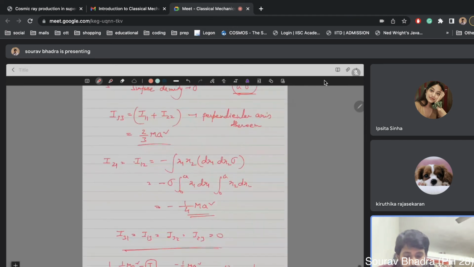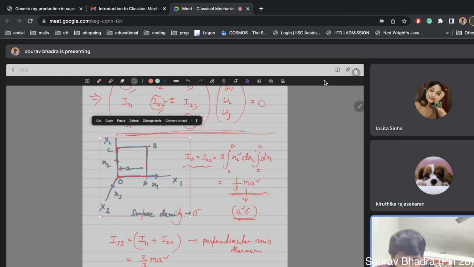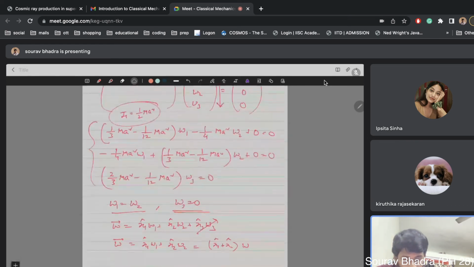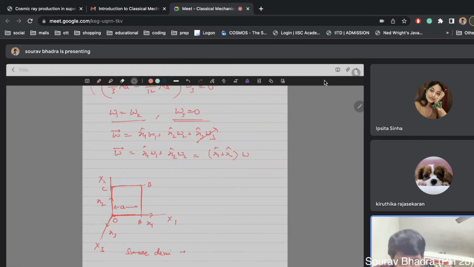Okay, so this was our system. Let us copy it. Yeah, okay, so this was our system, and you can see now your rotation axis is actually x1 plus x2. So this was our x1, and this is our x2, I mean unit vector. So x1 plus x2 will be this vector, right?